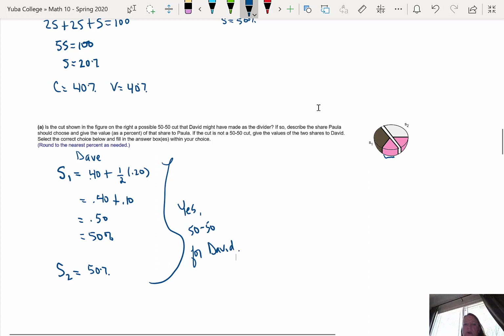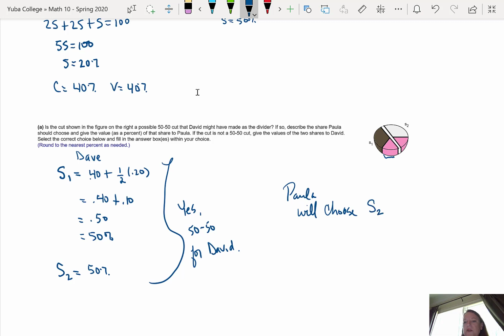Okay, so if so, describe the share Paula should choose and give the value in percent. We know that Paula is deathly ill of chocolate and she's not going to choose the chocolate. So she's not going to choose the side that has S1. Paula's going to choose share 2, S sub 2. The vanilla is worth 50%, so 0.50, plus the weight of the strawberry.